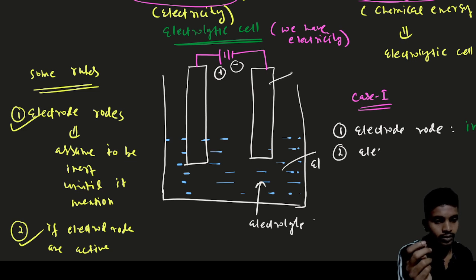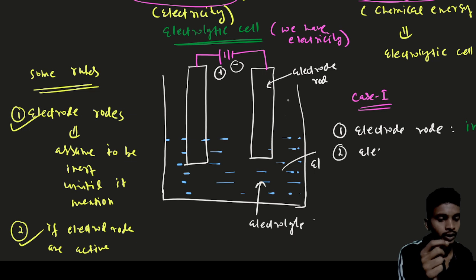This is electrode rods. So we are studying what happens to this electrolytic cell if we change the electrolytes and electrode rods. That we will discuss mainly here.